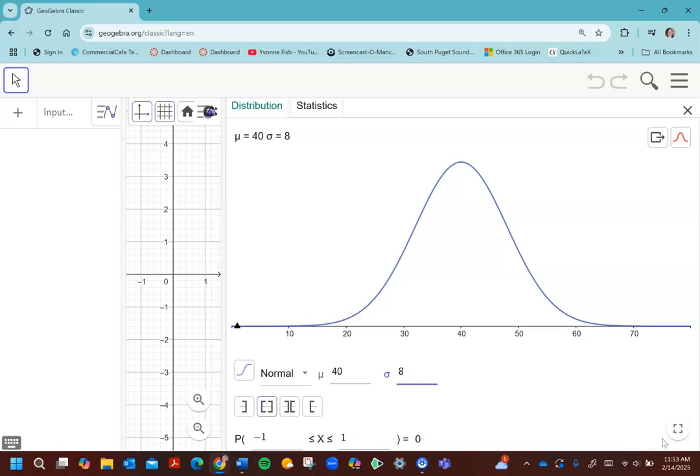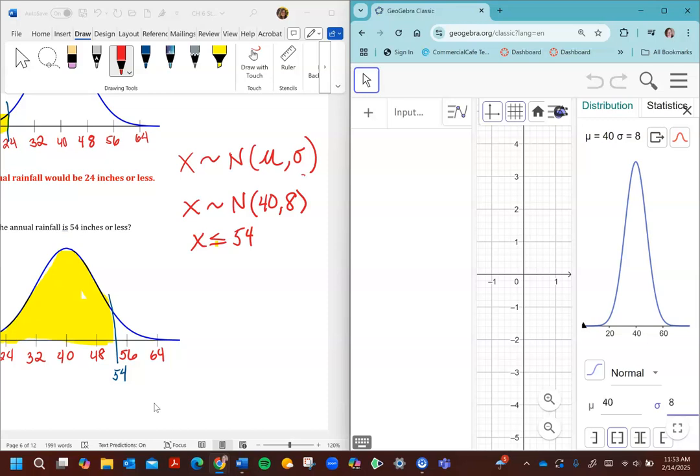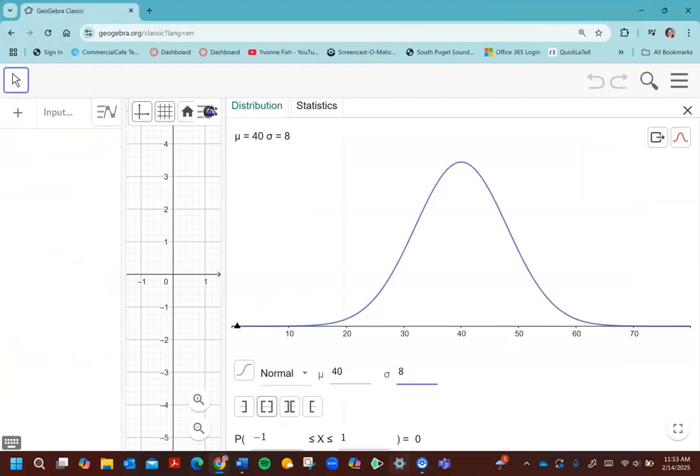So then we are going to go down here and we want what is less than. I'm just gonna flip back here real quick so we can look. We wanted 54. We want x less than or equal to 54. So if we want a less than situation, we want the left side.